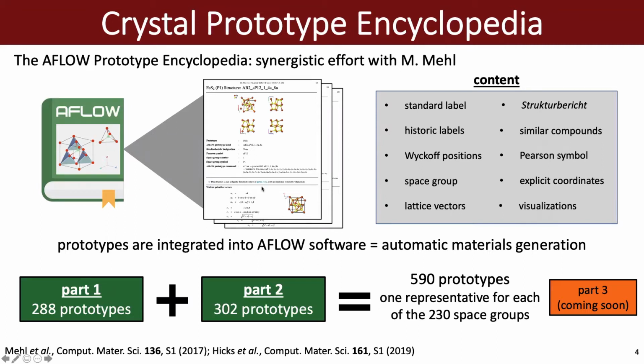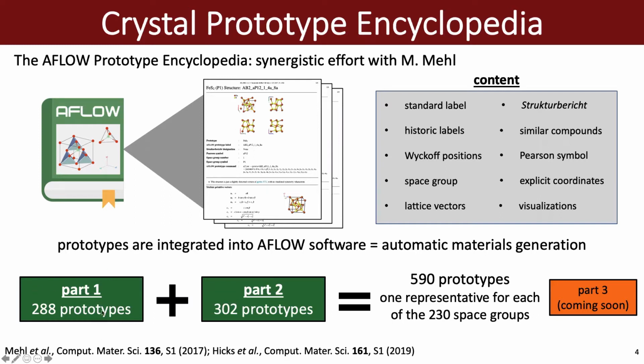And so we have an encyclopedia that has many different prototype structures, and we have many different characteristics and designations, such as the historical Strukturbericht, the Wyckoff positions, Pearson symbol, and many different attributes. And since this effort was joined with AFLOW, all of these prototypes are integrated into the AFLOW software. And so we can perform automatic materials generation with these structures.